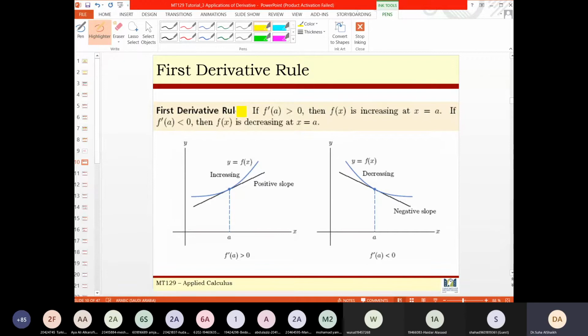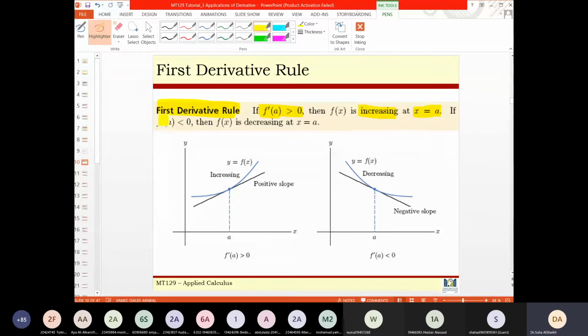So the first derivative rule states that if the derivative at a point A is positive, no problem if you attend with any doctor you want, no problem. So if f dash at A is positive, greater than 0, the function is increasing at this point.